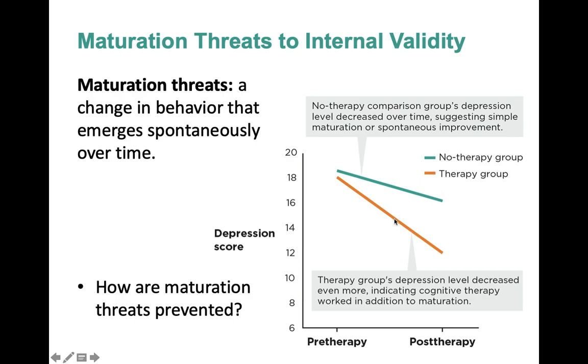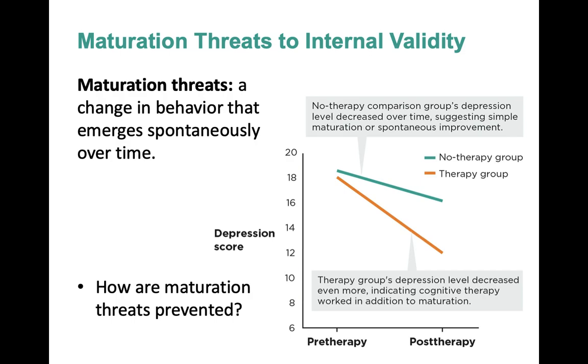The therapy group also has that maturation effect, but it can't just be the maturation effect, because their depression reduced even more than the comparison group. So even though there's likely to be some amount of maturation, we can say that the therapy group's depression decreased even more, and so that indicates that there's an effect of cognitive therapy as well, and that it is effective.